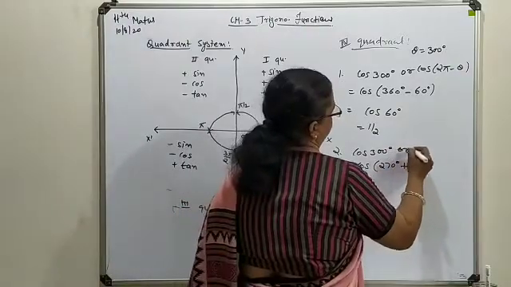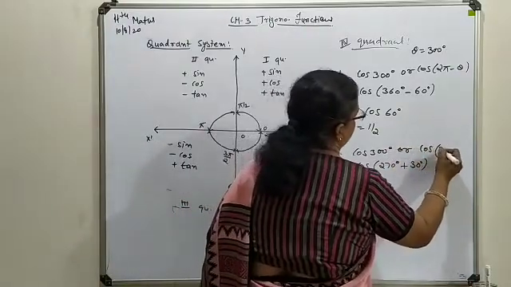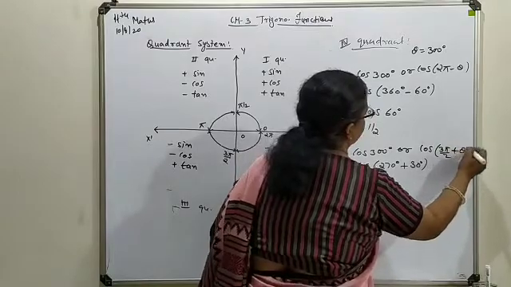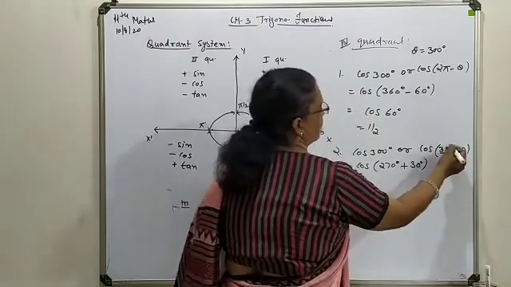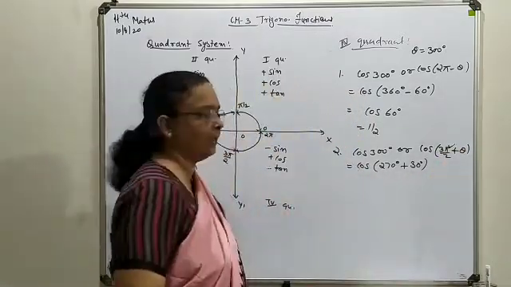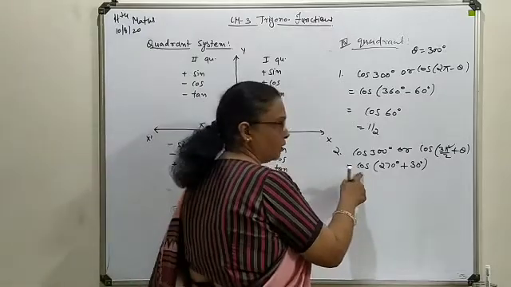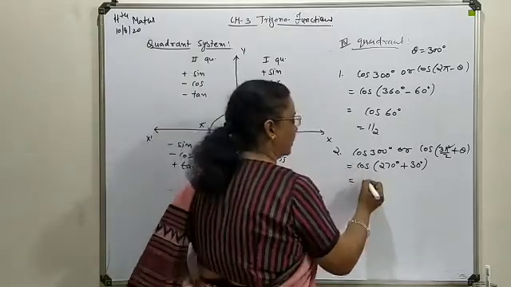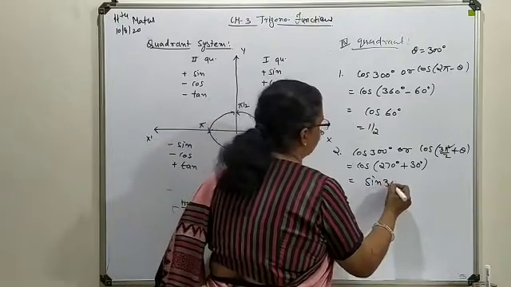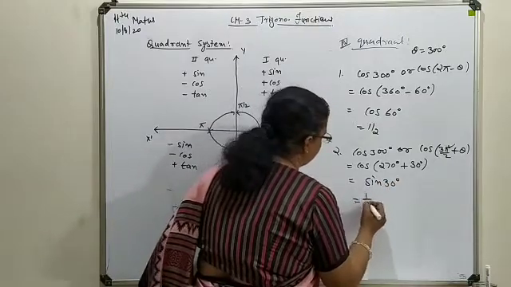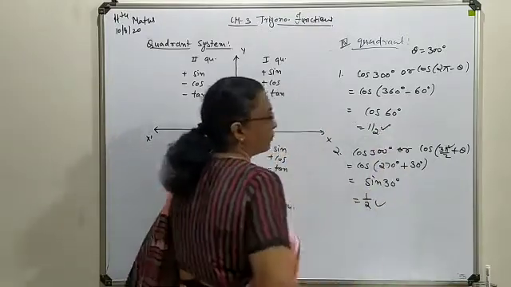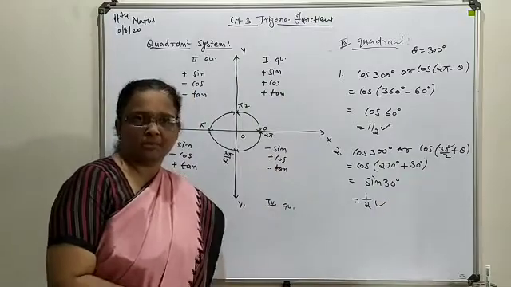And for more convenience, this can be expressed as 3 pi by 2 plus theta. So it will be considered as a multiple of pi by 2. So the sign is not going to interfere here, but the term will change. Sine of 30 degrees. Sine 30 is again how much? Half. So this way both will give you the same solution.